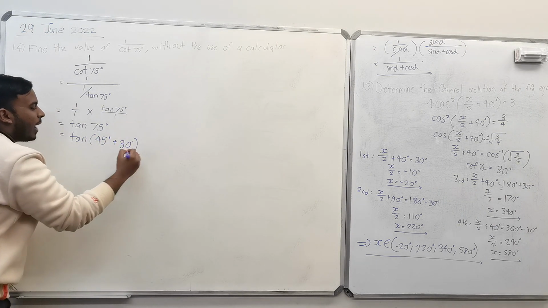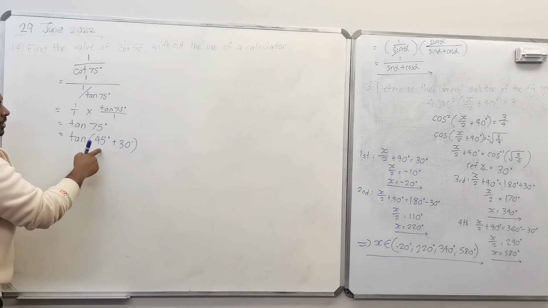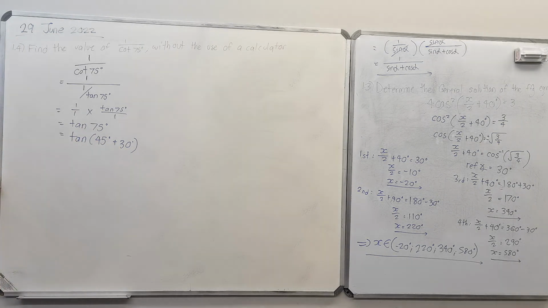Do you all understand why we chose 45 plus 30? What are 45 and 30? Special angles. With special angles, we can get the numbers from the triangles without using our calculator. So tan of 45 plus 30, what would you use to simplify further?